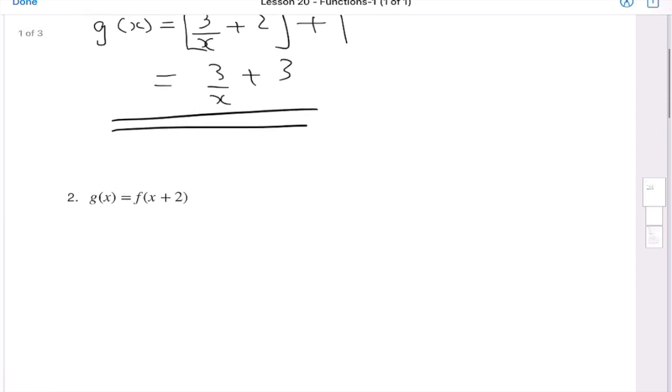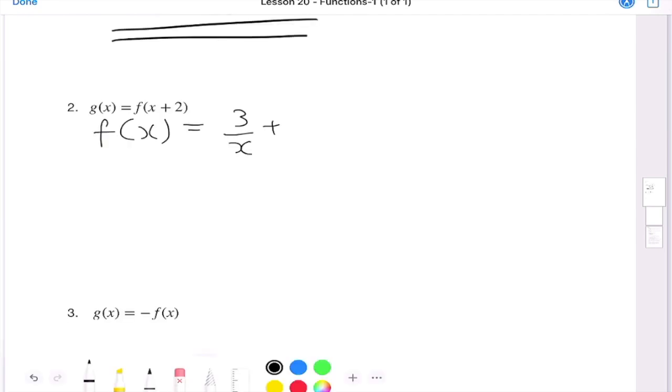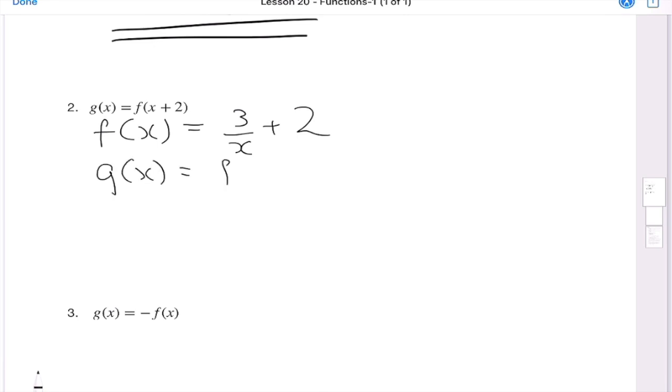What about number 2? Remember that f of x is given as 3 over x plus 2. Now, a new function g of x is formed. And we are told here that the new function g of x is equal to f of x plus 2.